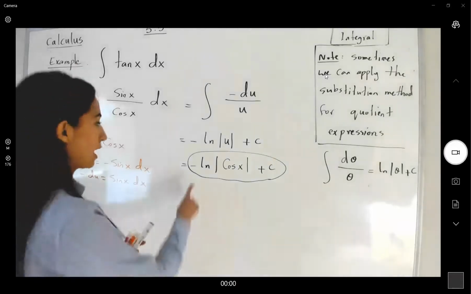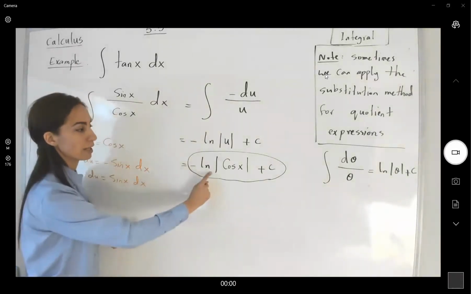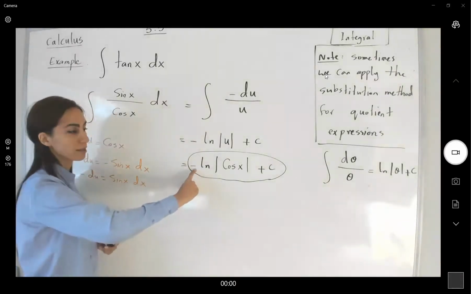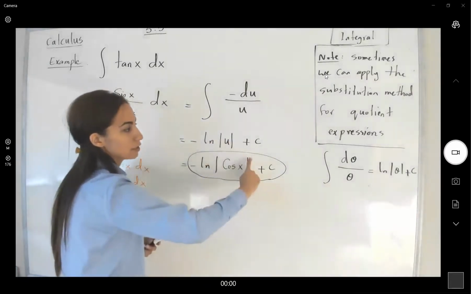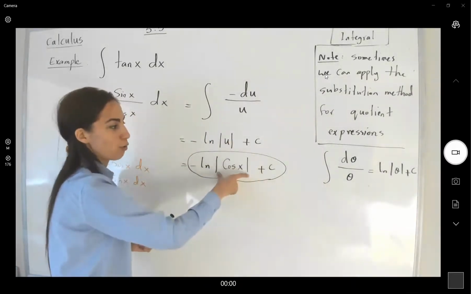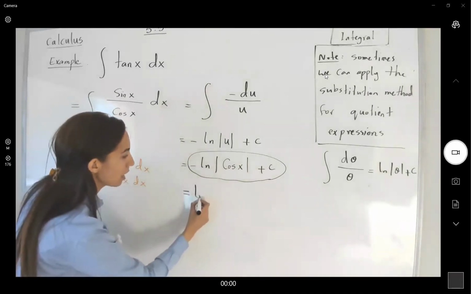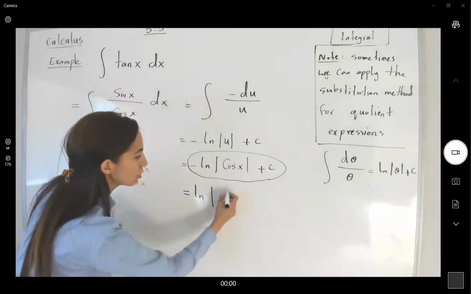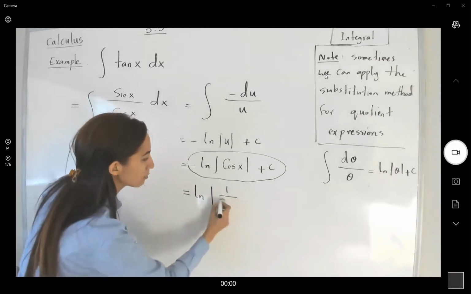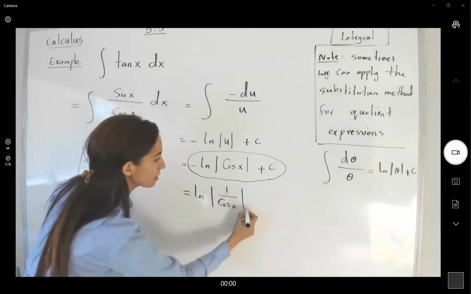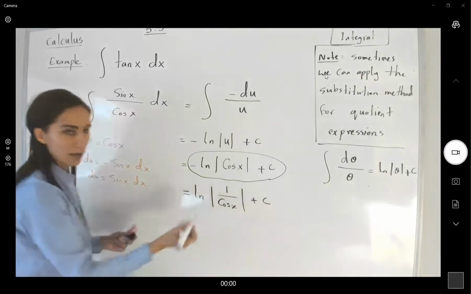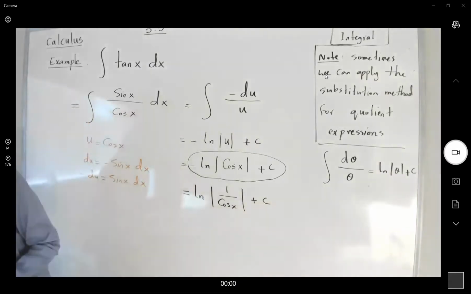Remember now, when you have a negative sign in front of ln, it means that this negative sign can be converted into the exponent for the quantity that you have. So this can also be written as ln of absolute value of 1 divided by cosine x plus c. How? Take a look at this.